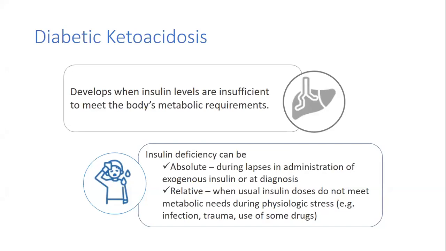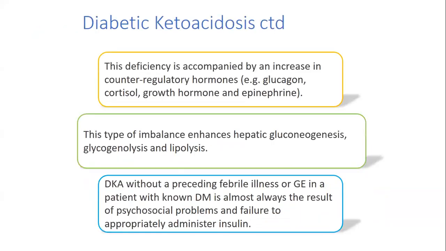For example, if a child who has diabetes develops infections or trauma, or is on glucocorticoids, this might cause a relative insulin deficiency, leading to DKA.